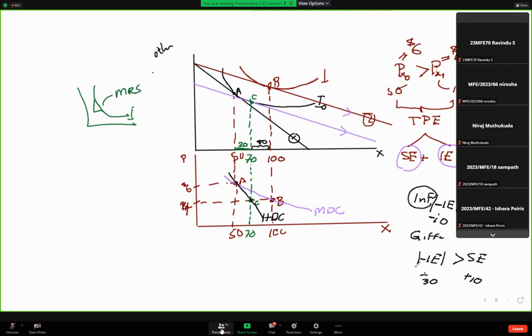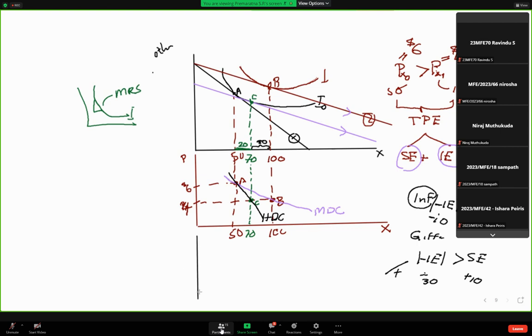Because of that, you get a Marshallian demand curve with a positive slope. You will understand when I show the PowerPoint slide further.